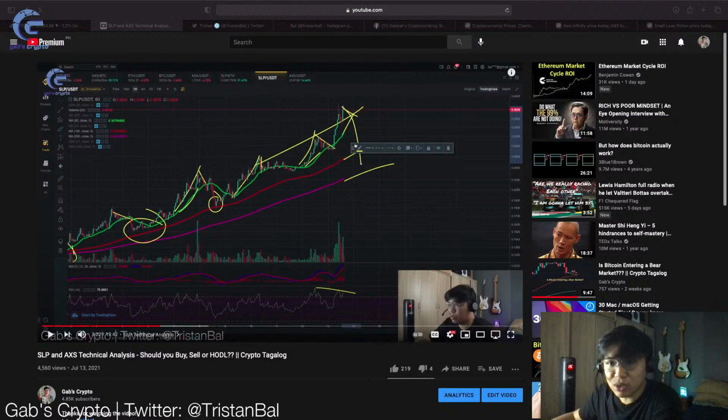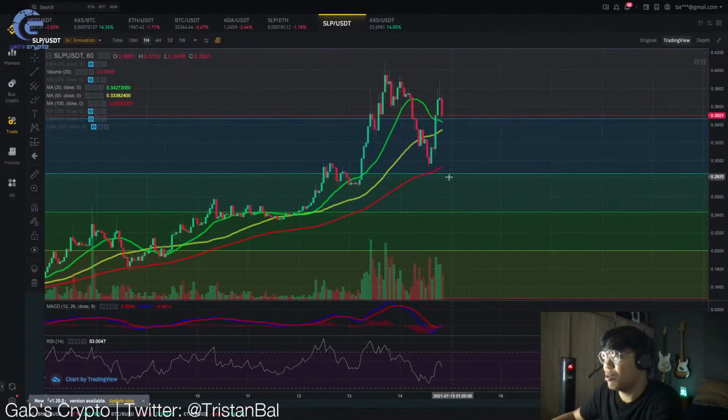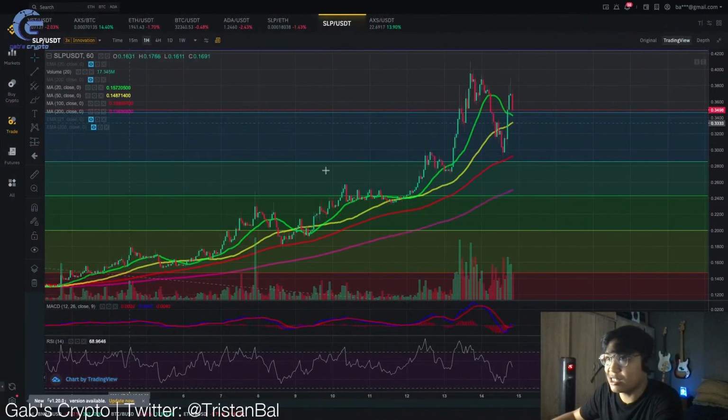And kung titingnan mo, we have actually been playing this. We actually predicted the dump na, sabi natin na if we get overbought, kasi meron tayong bearish divergence, declining RSI, magkakaroon tayo ng dump to the 100 moving average. And then let's look at this. We exactly played that one exactly as predicted.